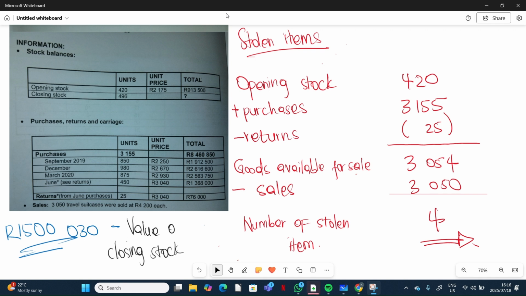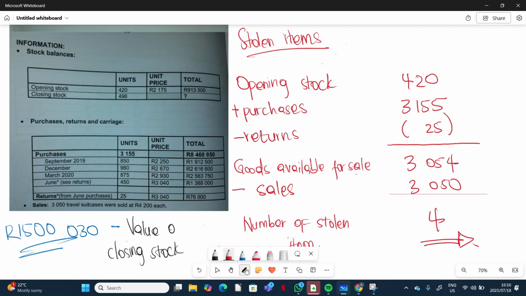So they were supposed to sell everything. If things were not sold and there's stock remaining, that means it was stolen. So that's how we get the value right there, and I hope it makes sense.